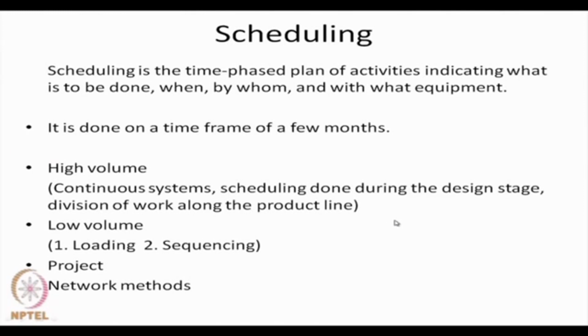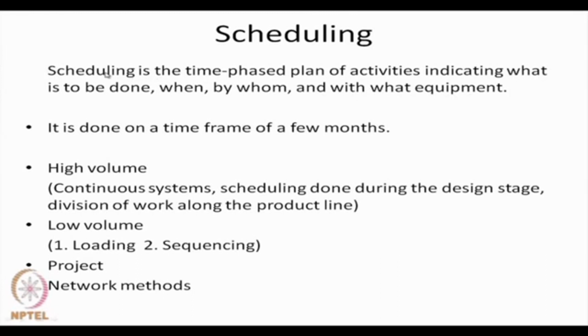Then we come to the scheduling function of production planning and control. In scheduling, what we basically do is that we plan the activities and we also say when each activity will start and when it will be completed, and who will do it, when it will be done, what is to be done and with what equipment it will be done.